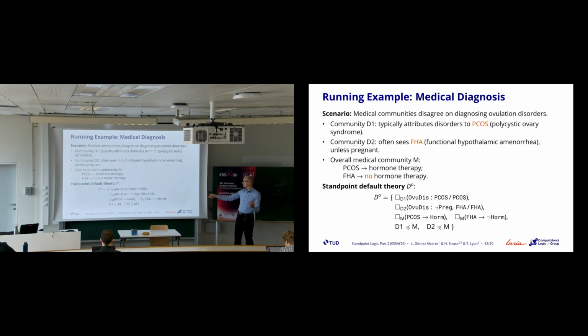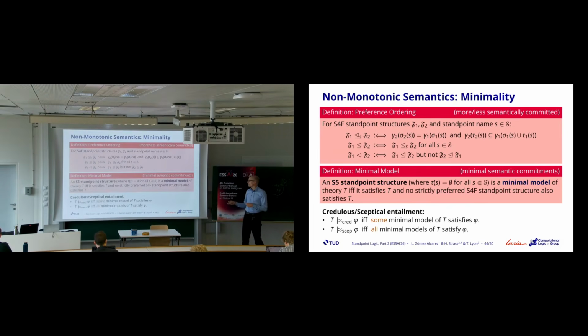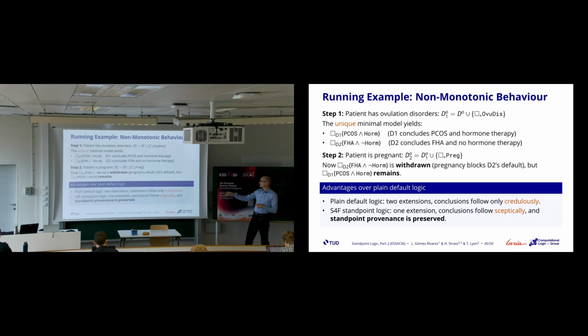So if you recall the default, it said, according to the standpoint of community D2, if the patient has ovulation disorders, and it can be consistently assumed that the patient is not pregnant. Right? And this part is then not possible anymore because we have added explicitly that the patient is pregnant. So this conclusion of FHA being universally accepted within standpoint D2 is no longer possible. So this is withdrawn.